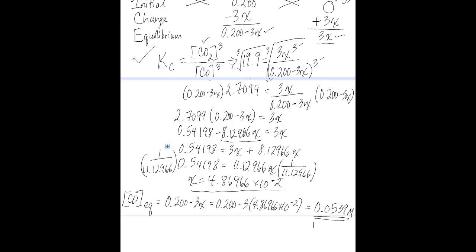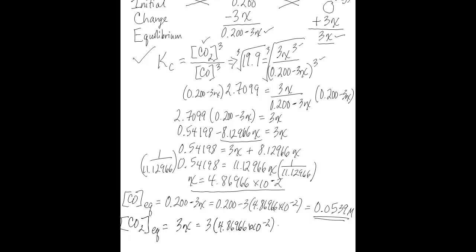You do the same thing for carbon dioxide at equilibrium, and you know that that's equal to 3x. If you look back up at your ICE table, you can see that. And all you have to do here is substitute in the x value that you just solved for to give you the answer here, which when you do the math will be 0.146 molar. So that's your solution.